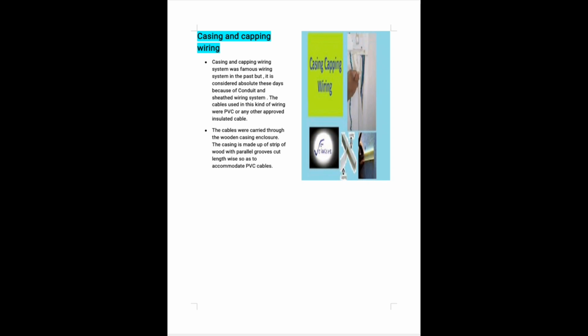The cables were carried through the wooden casing enclosure. The casing is made up of strips of wood with parallel grooves cut lengthwise so as to accommodate PVC cables.